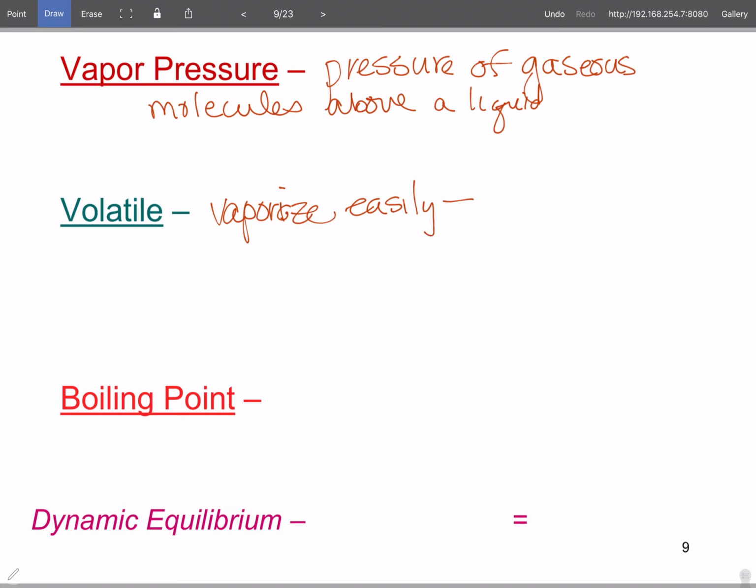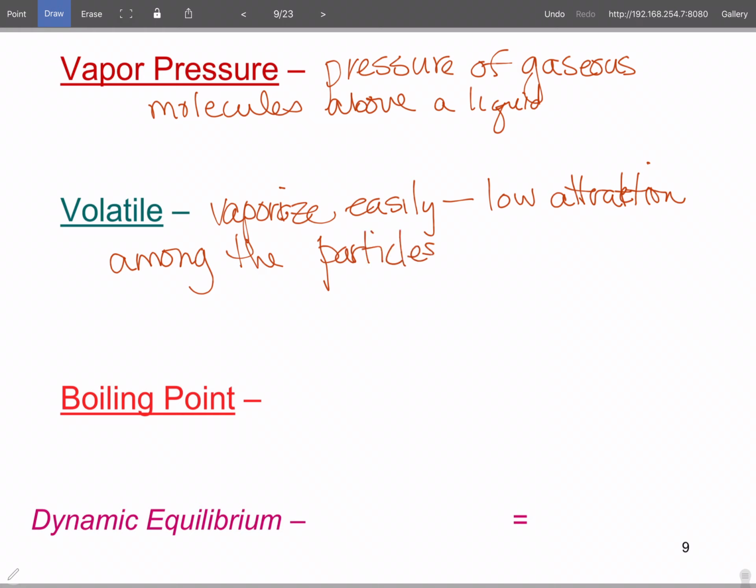That means there is low attraction among the particles. So anything that has low intermolecular forces has low attraction and therefore will be volatile.